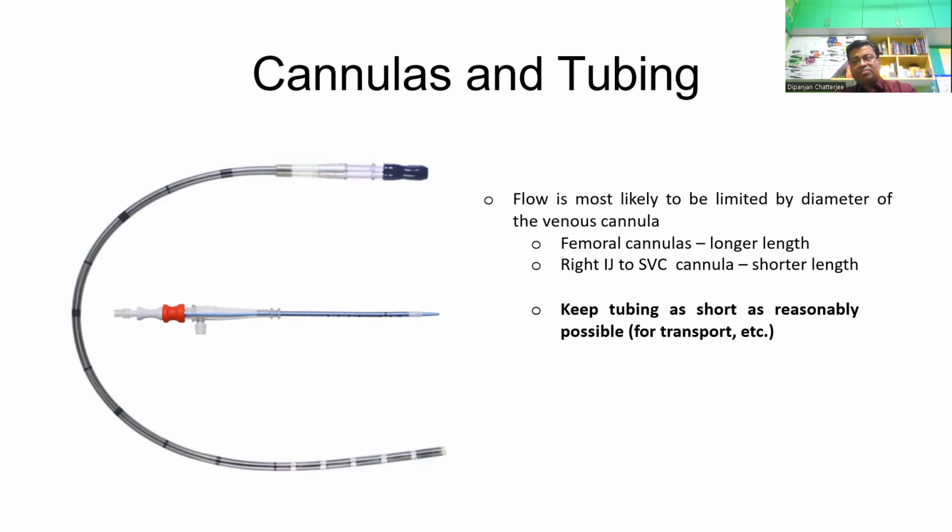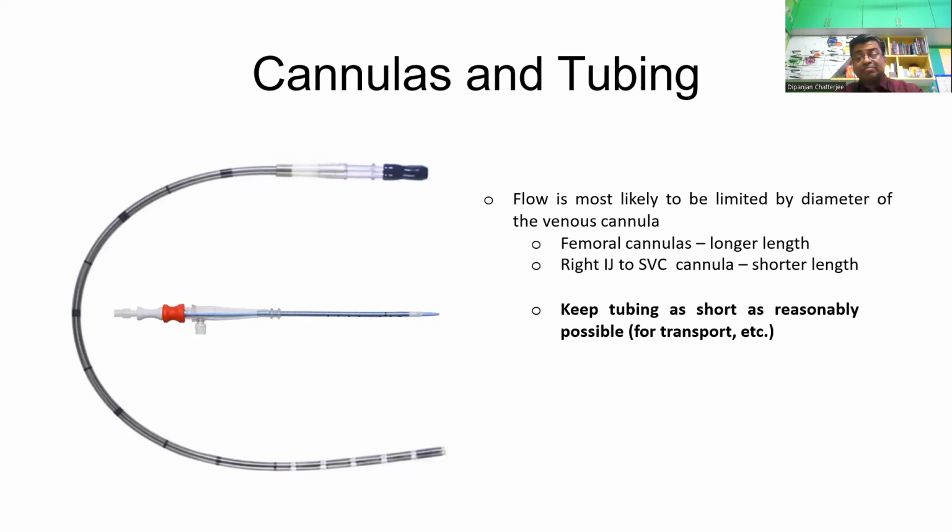Since we are draining blood from the IVC and the cannula to the IVC passes from the femoral veins, the venous drainage cannulas are usually longer. And we try to keep the largest size venous drainage cannula so that the resistance is least.